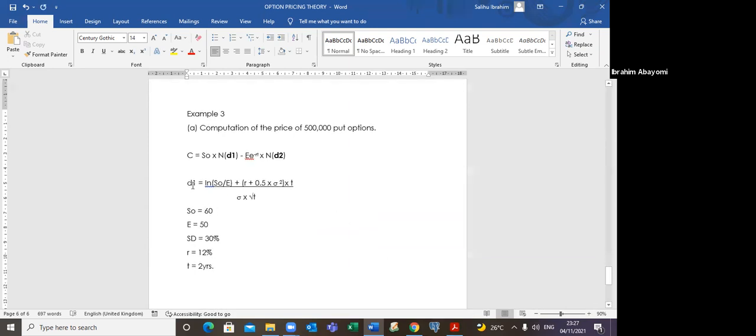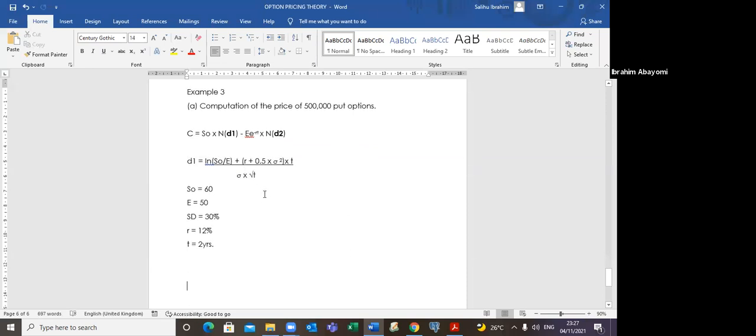So put all this in the formula. I will have 60 over 50, 0.12, 0.3 squared, times 2, 0.3 times square root of 2.